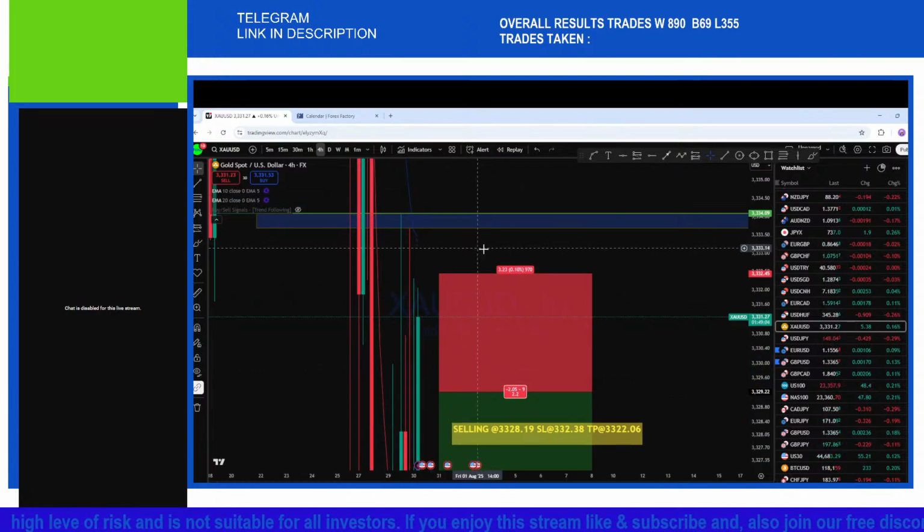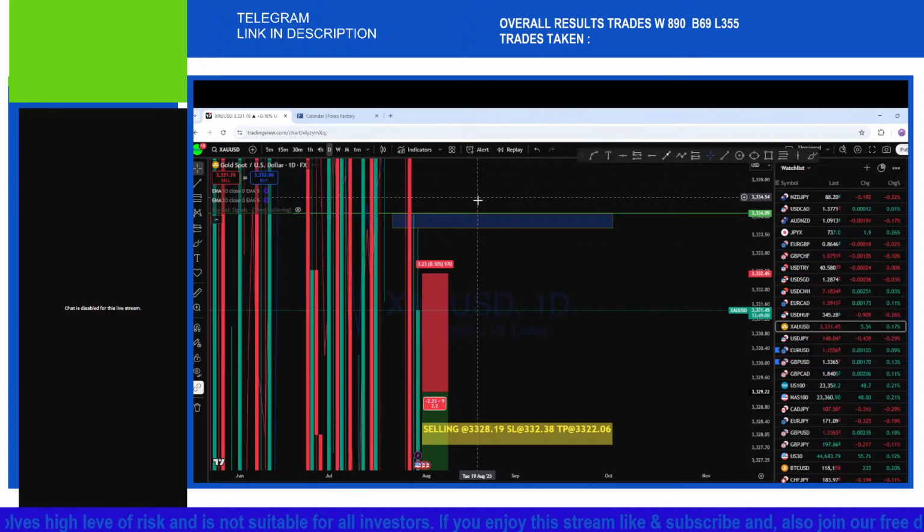If it's going to the session's high, which is also the daily high here.